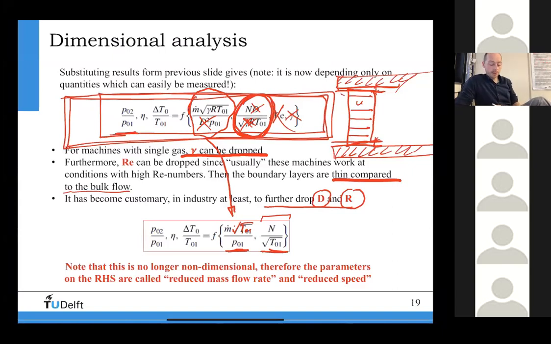You can scale different machines if you use these equations, which are the non-dimensional parameters in this case. And this is what is used in industry. You cannot use the reduced properties as a scaling. You can use them as a scaling if the fluid stays the same and the sizes stay the same, but otherwise you can't. Okay.